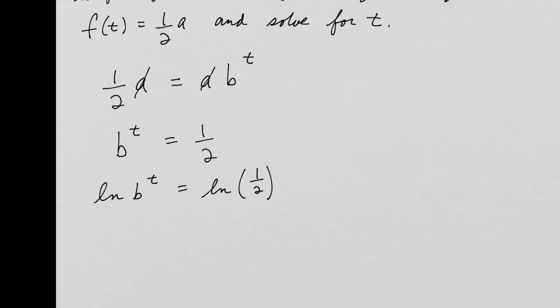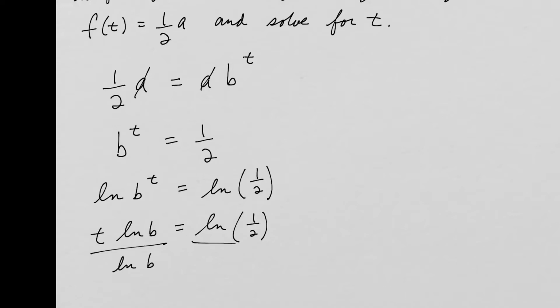But remember the rule: the exponential property of logs is that t will come out front. And then finally, I can divide both sides to solve for t. I can divide both sides by natural log of b.